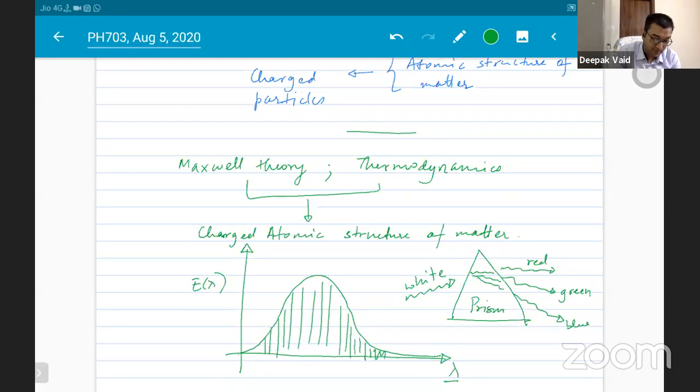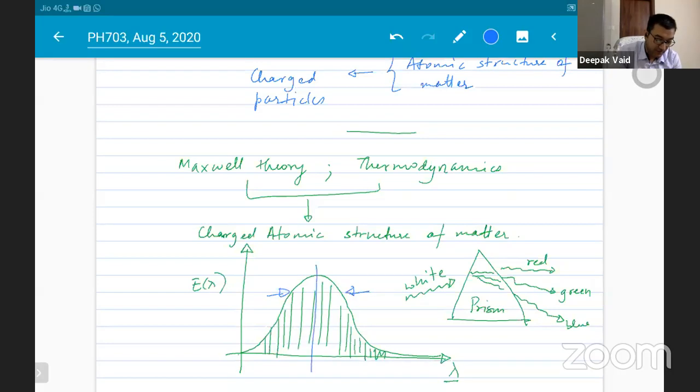So for small wavelengths and for large wavelengths, the total amount of energy in the light is 0. But most of the energy is to be found in a region.